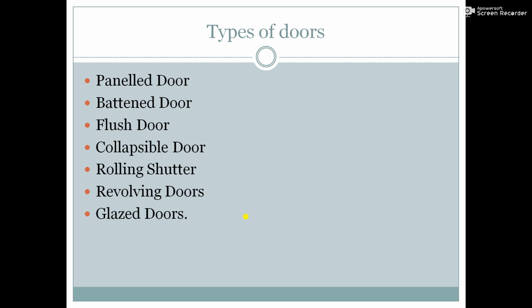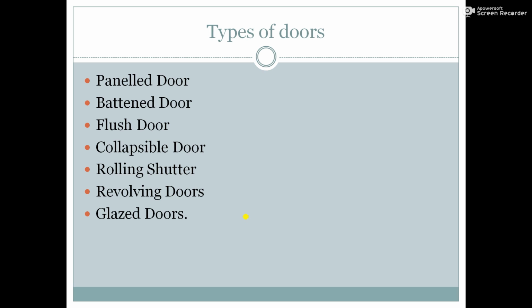So according to the structure of the door, doors are classified into these 7 categories, depending on the opening style of the door. According to that, we are dividing the doors into various types.